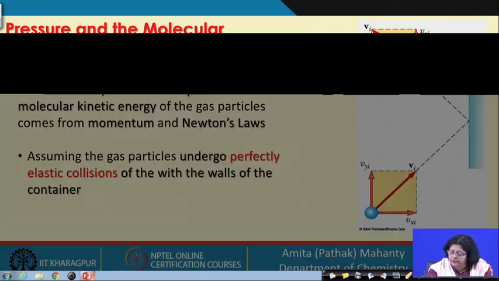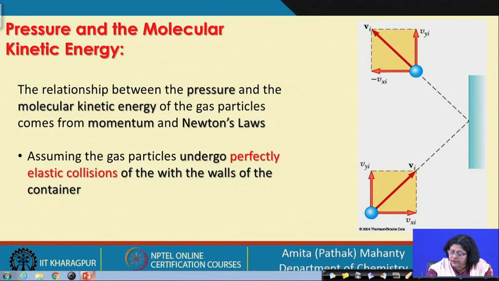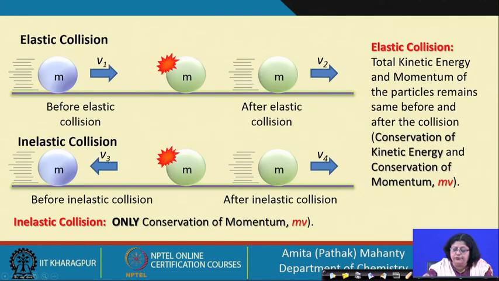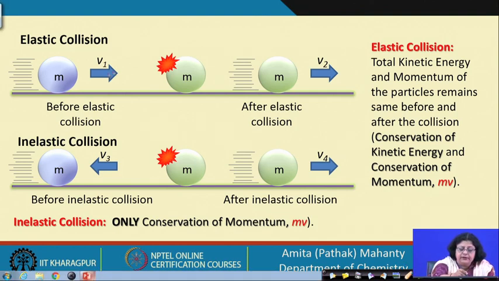If you look into a picture of what usually happens when you have an elastic collision or a perfect collision, you have a particle which is moving with a certain velocity. It strikes another particle which is in the same volume element, and after striking, this molecule will be moving with another velocity, maybe the same velocity or different velocity, moving in the same direction.